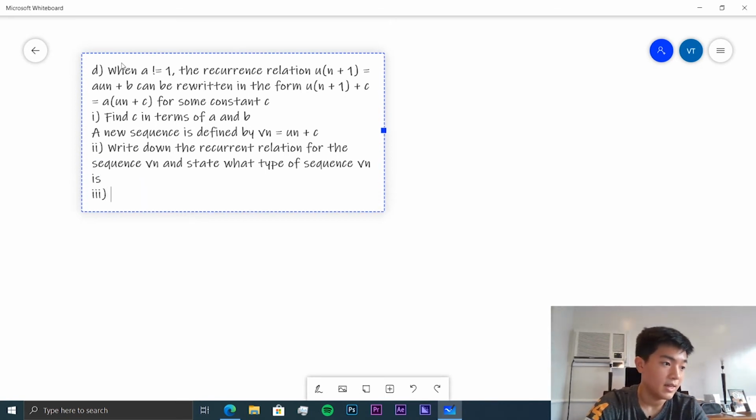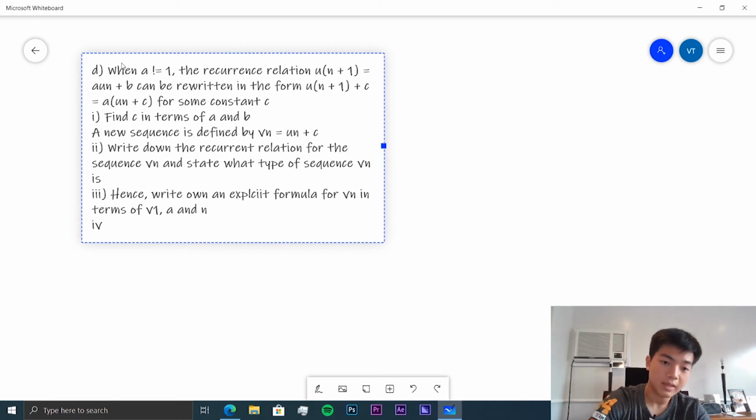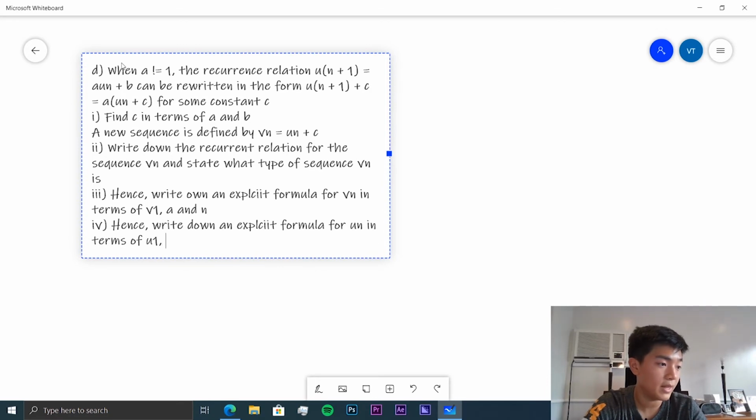Next, hence write down an explicit formula for v of n in terms of v1, a, and n. And finally, hence write down an explicit formula for u of n in terms of u1, a, b, and n.